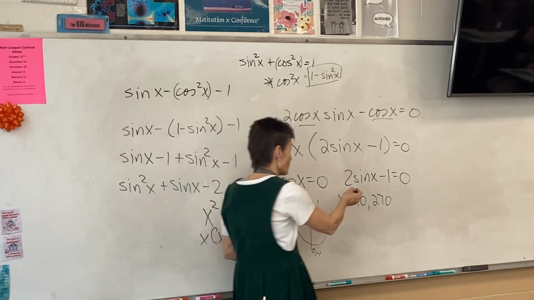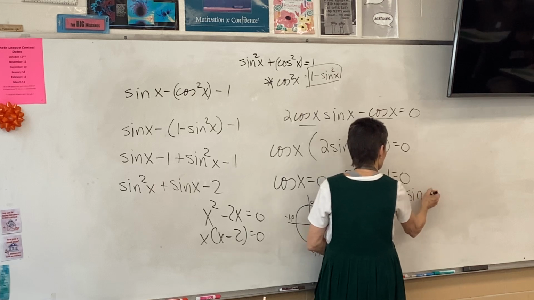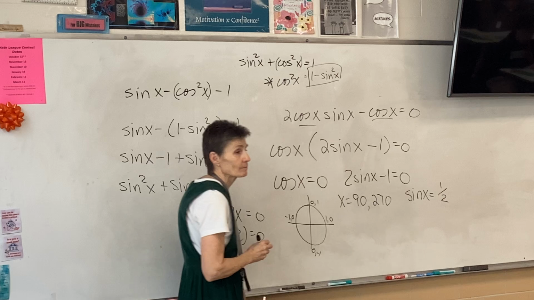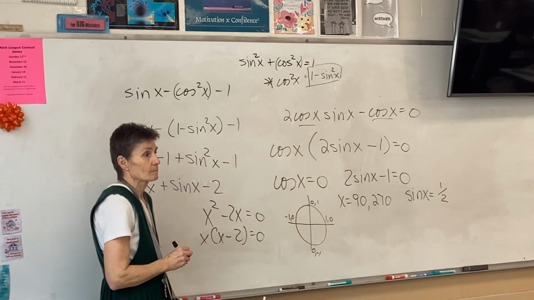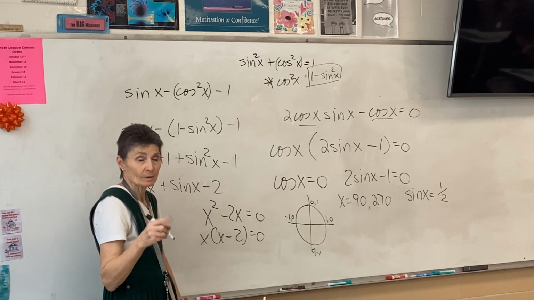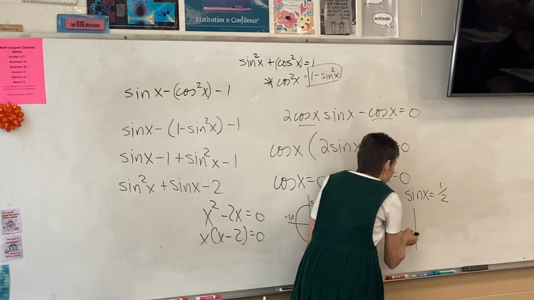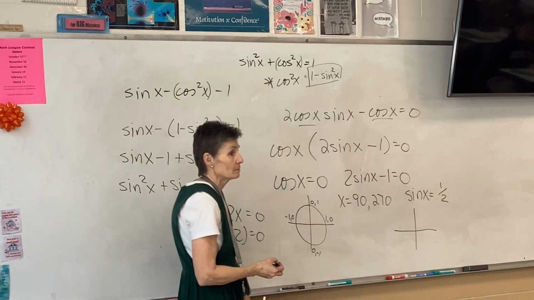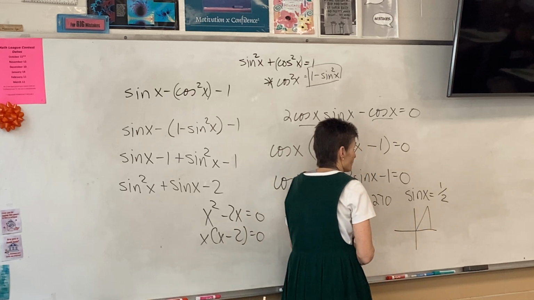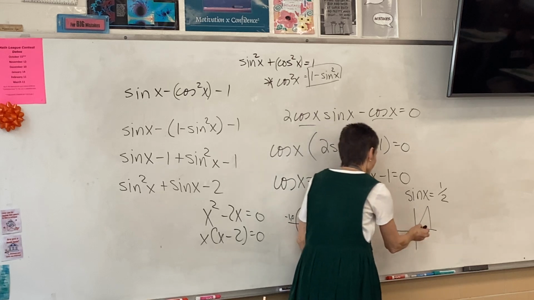Now, what does this one say? This one says, I want the sine to be 1/2. That's like your review question. Where is the sine positive? Quadrant 1 and 2.